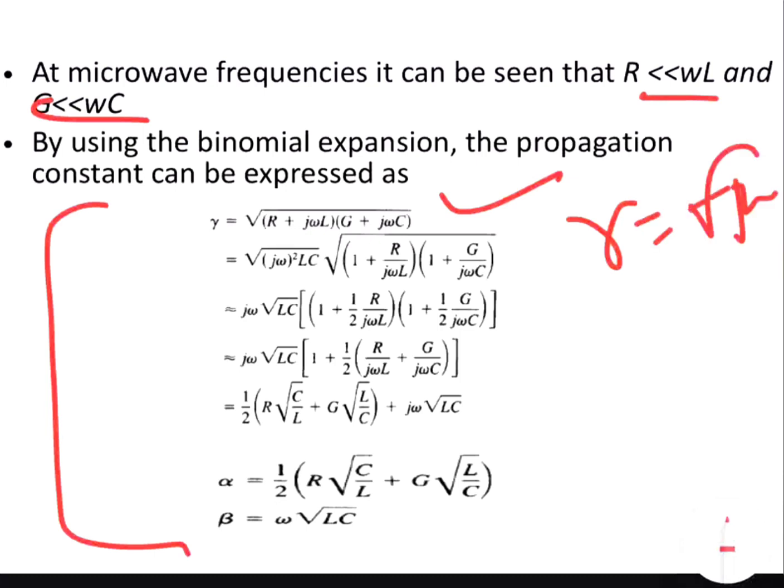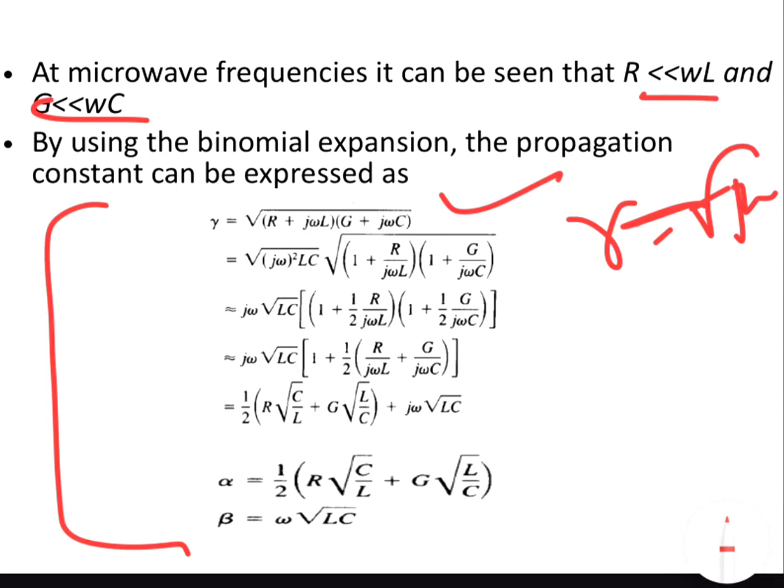So by that condition, we can write gamma is equal to root of (R plus j omega L) into (G plus j omega C).